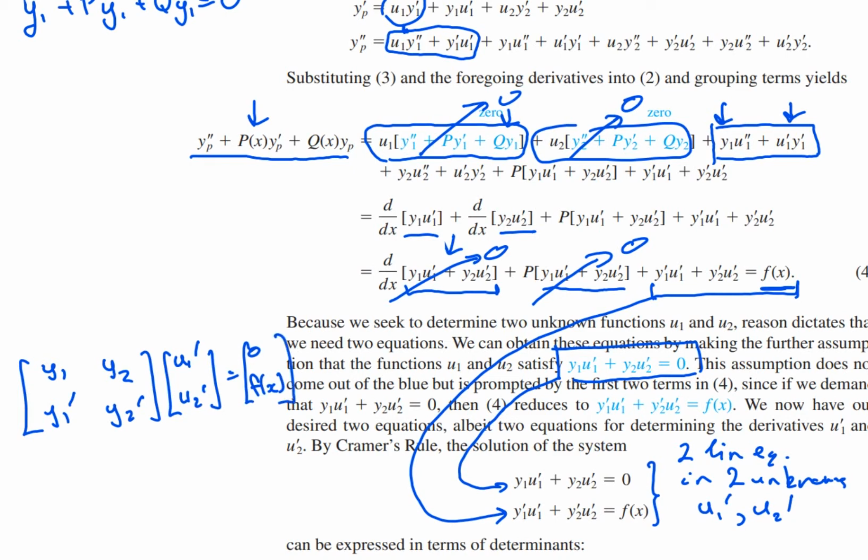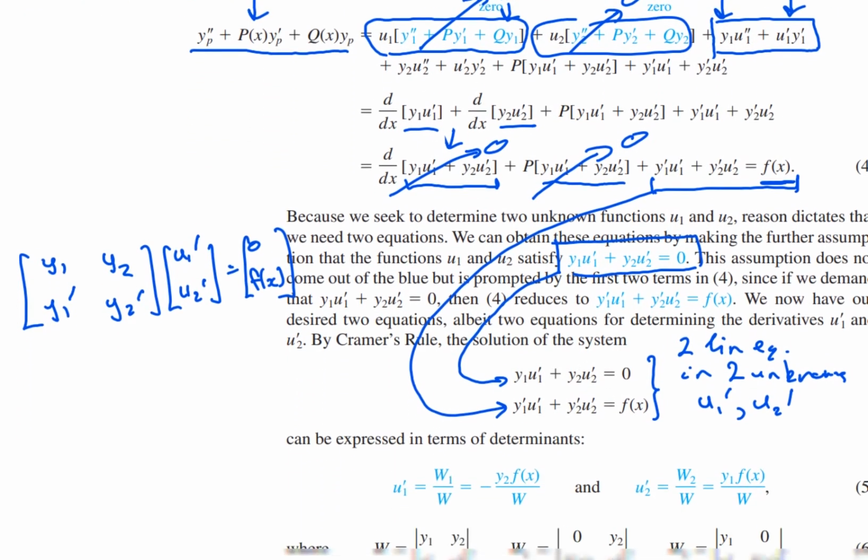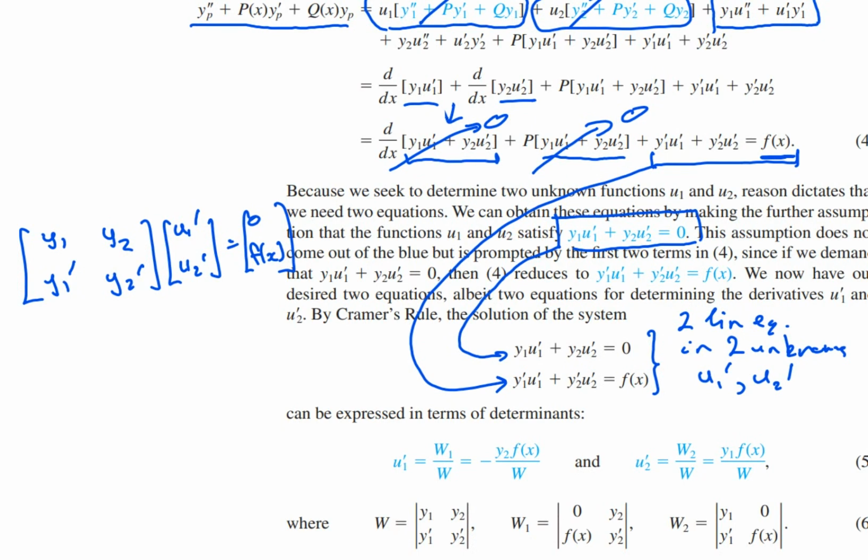Two equations and two unknowns, you can solve it, and here they write the solution using determinants. So this is Cramer's rule, if you remember this from 102. Or you could just eliminate the variables and solve for u1 prime and u2 prime. That's the other way of getting it. But the formula for the solution then comes out to be this thing.